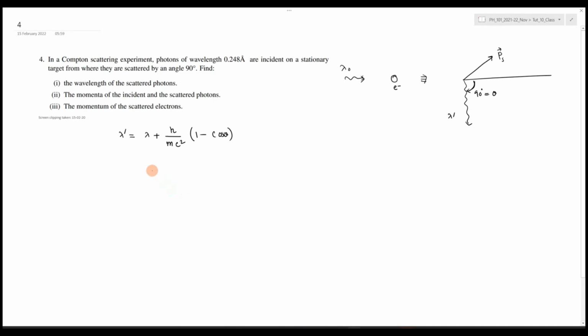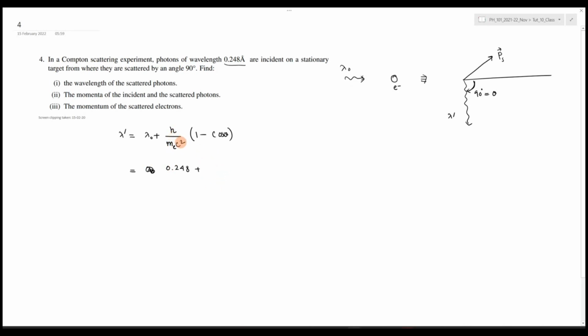Now you are given this lambda 0, 0.248. Our first part is to find the wavelength of the scattered photon, so we want lambda prime. The target used in Compton scattering is actually an electron, so let us write the mass of electron here.